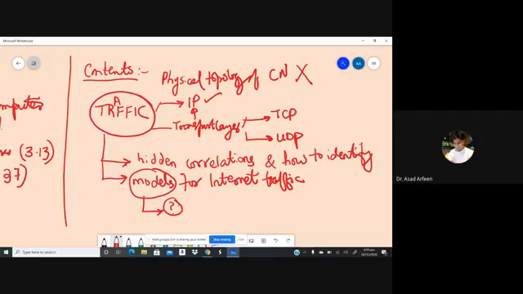Simply, I can write that a model can mimic network traffic. It can mimic the stochastic properties of network traffic. It can generate network traffic.